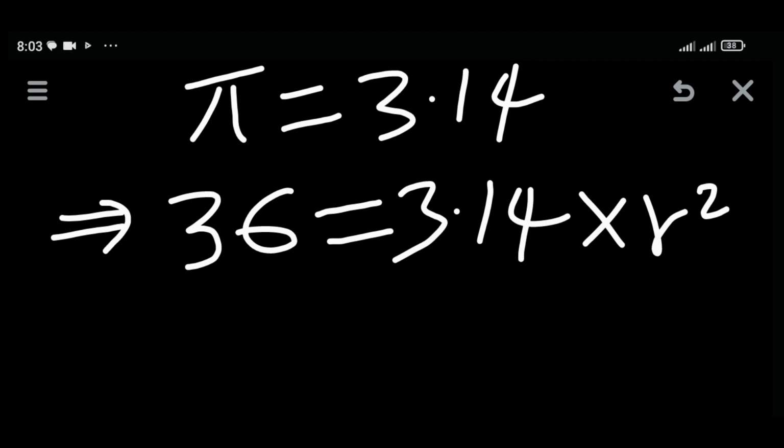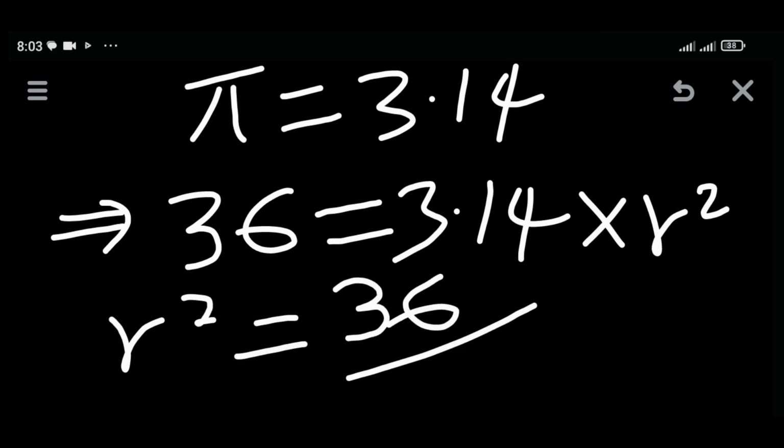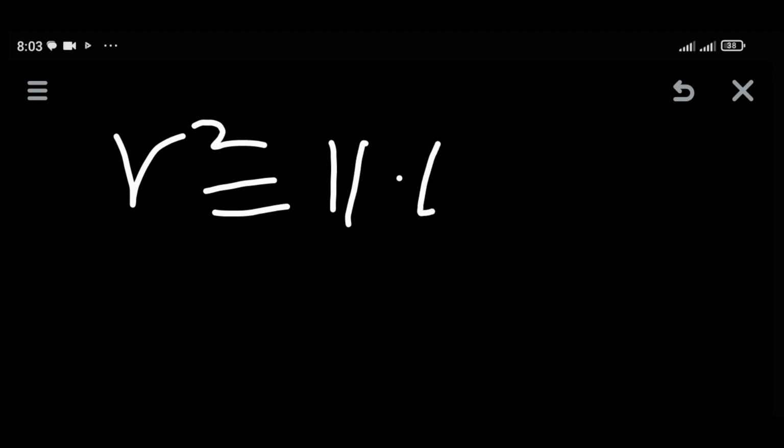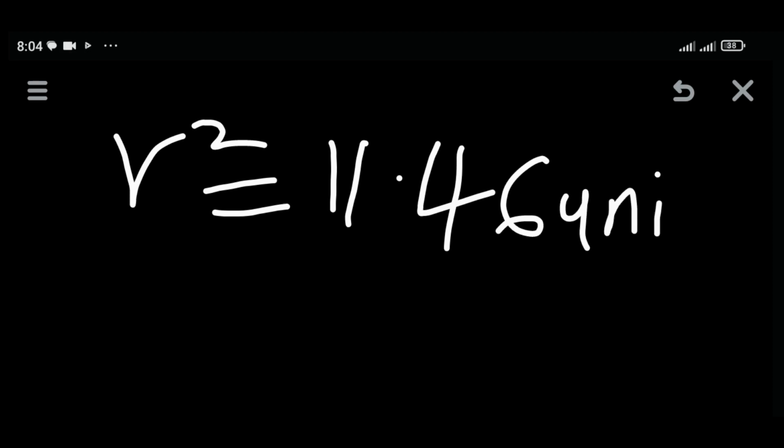So making radius power 2 the subject of the formula, we have radius power 2 equals 36 square meters over the constant pi. Dividing this, we then have radius power 2 equal to 11.46 units. But we need to get rid of the power 2.